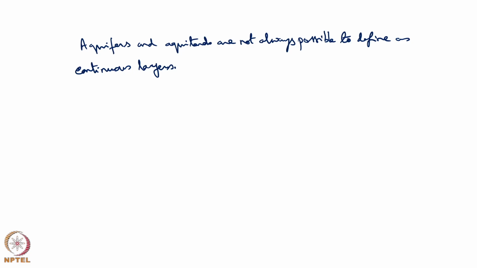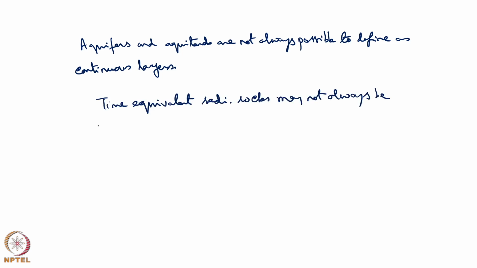Here the prime concern is water flow, and it is also true that sandstone deposited in two basins nearly at the same time, one of them can become an aquifer and another one may not become an aquifer. Therefore, we can say time equivalent sedimentary rocks may not always be correlated as a single hydrostratigraphic unit.